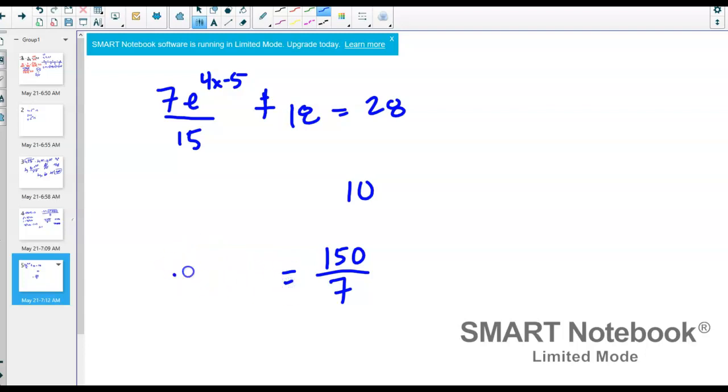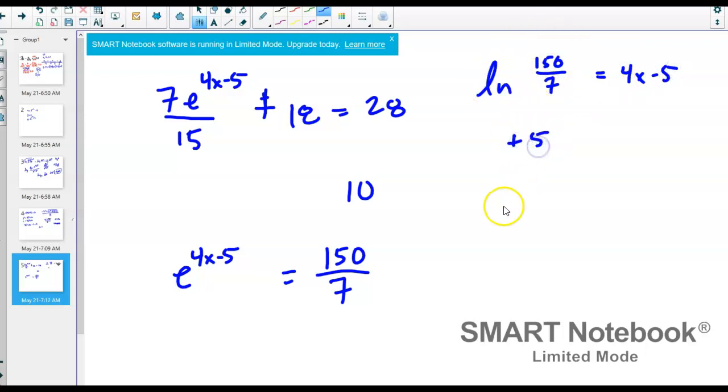This is really just equal to e to the 4x minus 5. So I'm going to change this one's form. It's going to be ln of whatever 150 over 7 is. And then that'll be equal to 4x minus 5. Once I get this, I'm going to add 5 and then divide by 4 is what I'm going to do. And so we would just, again, in your calculator, just go ln of 150 divided by 7.